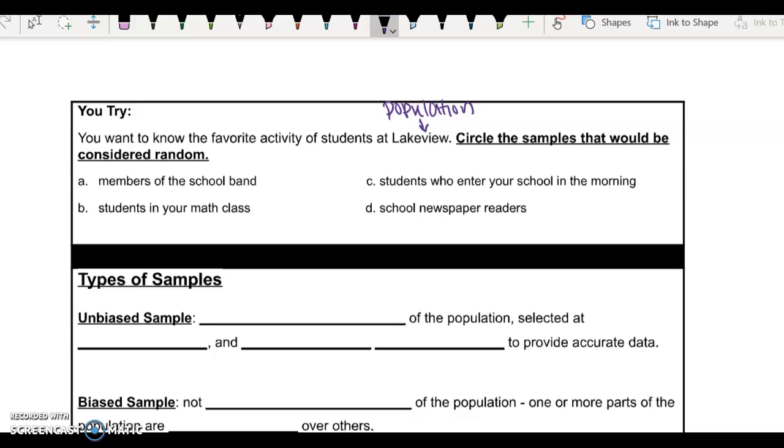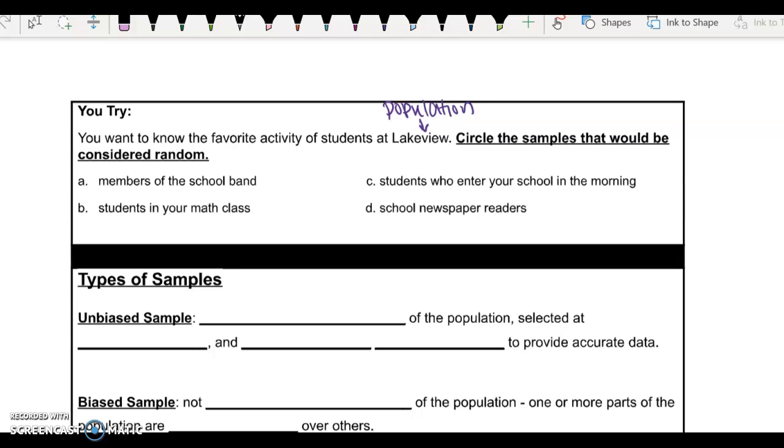Circle the samples that would be considered random. We have members of the school band, students in your math class, students who enter your school in the morning, or we have school newspaper readers. So we want to choose the ones that are considered random. So they were chosen at random.